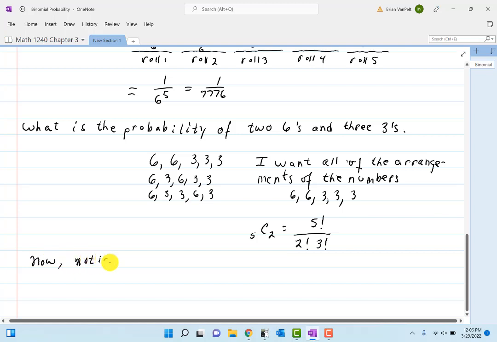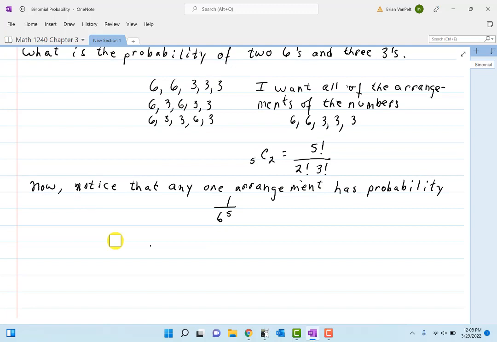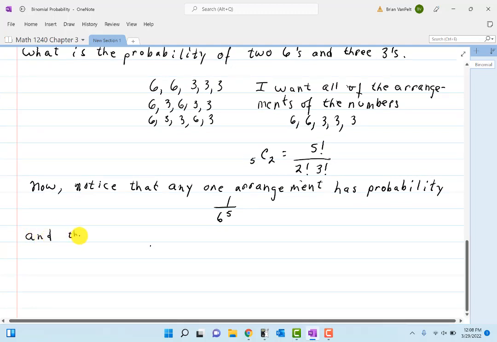Notice that any one arrangement has probability 1 over 6 to the 5th power. And there are a total of 5C2 of them.